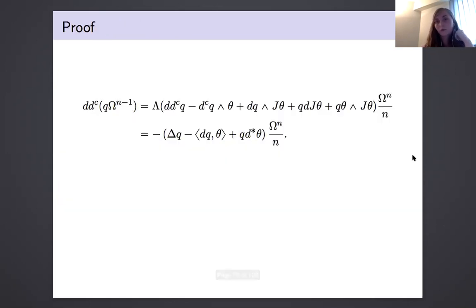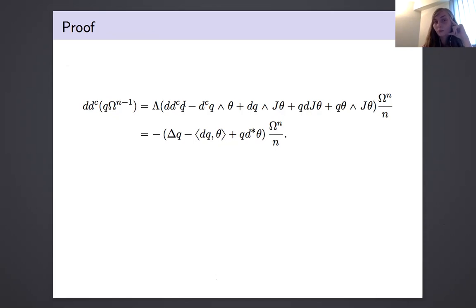And how does the proof go? So first of all, we compute the d^c of any function times omega^(n-1). So this gives this formula wedge omega^(n-1), which is then the same as the trace of this formula times omega^n.